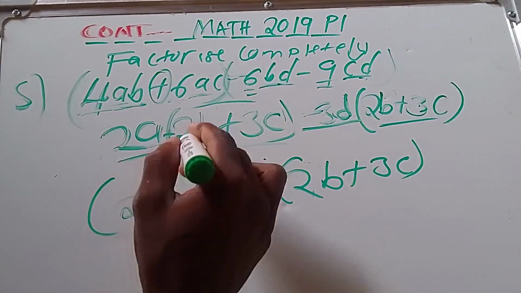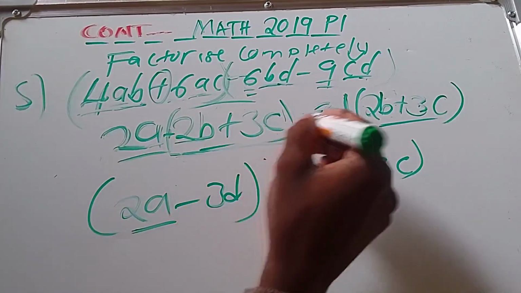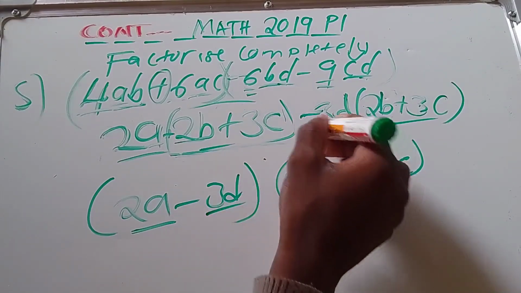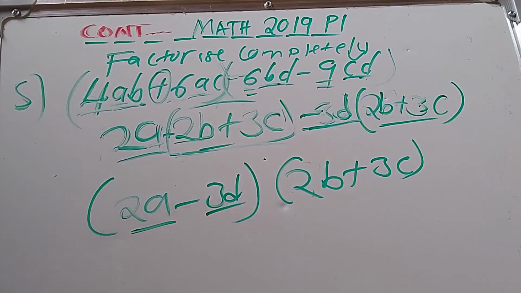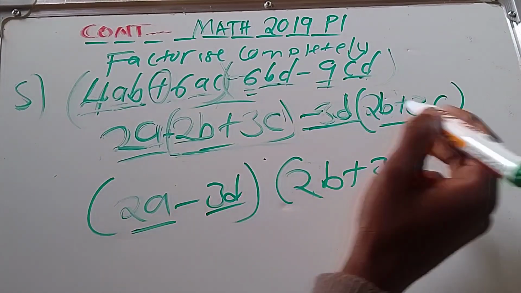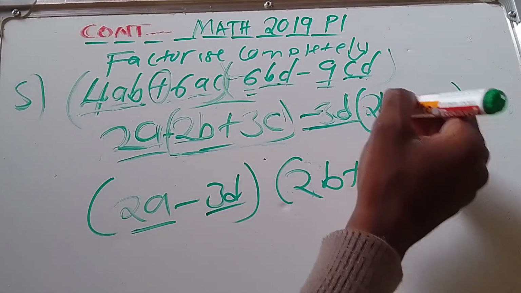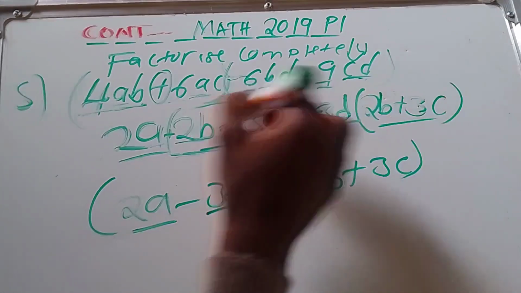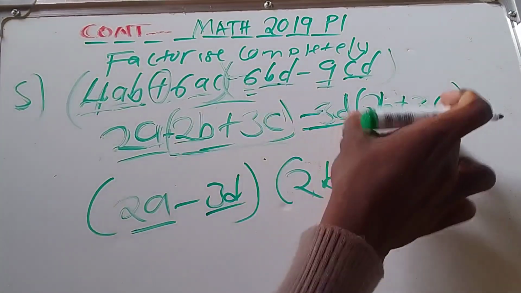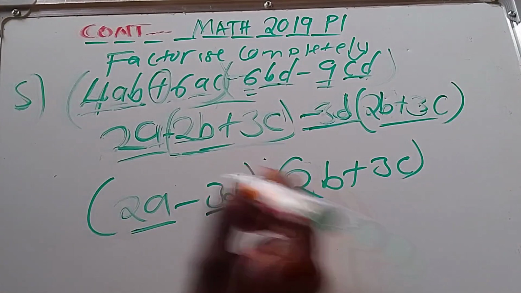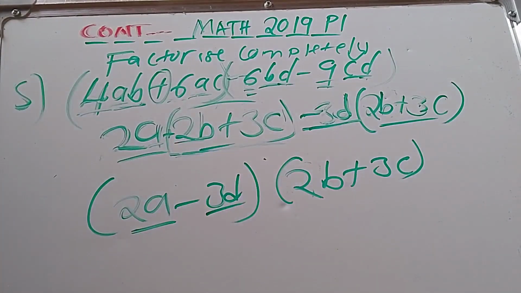This is 2a, which is this one, then minus 3d, which is this one. You put them in the brackets. Then you actually get n between these two. You get n because they're just one and the same. So you can get this one or this one. So this is 2b plus 3c.